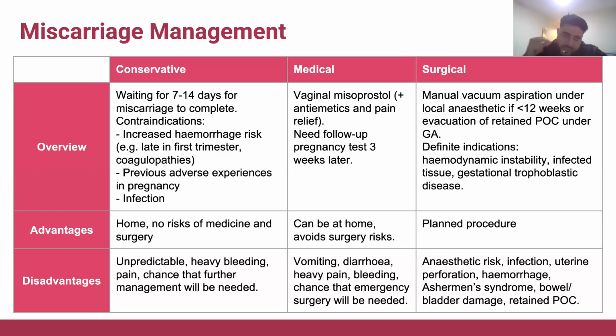And the absolute definite indications to do this will be, for example, if the patient presents with some kind of infected picture, like sepsis, or if they're just straight up hemodynamically compromised, and you have to terminate the miscarriage there and then.